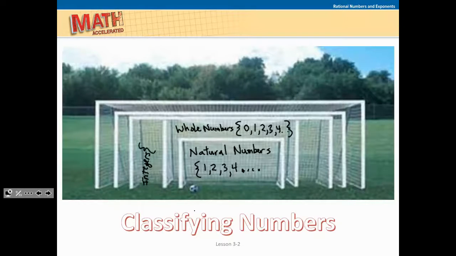And here, I'm going to write it here so I have a little more space. That's going to be 0 and 1, 2, 3, right? All of our whole numbers, but also including all of their opposites. So -1, -2, -3.